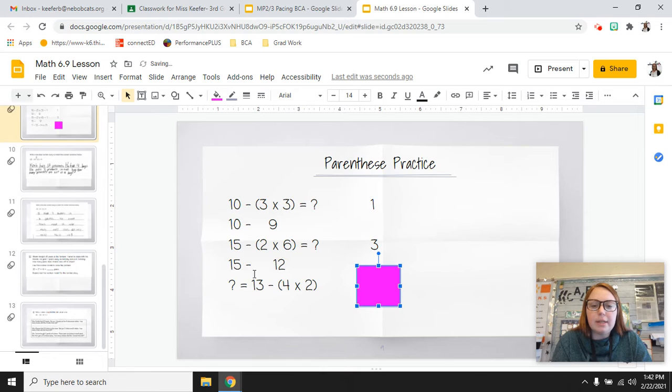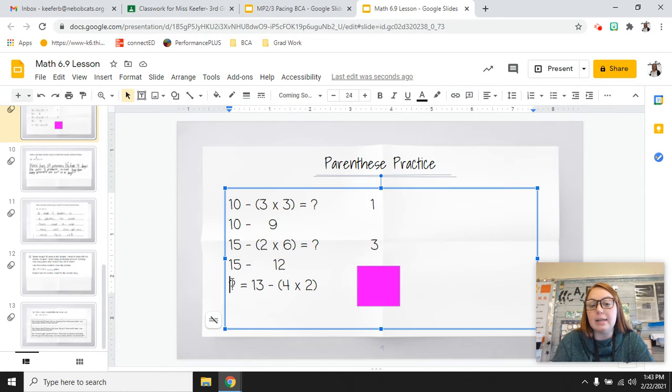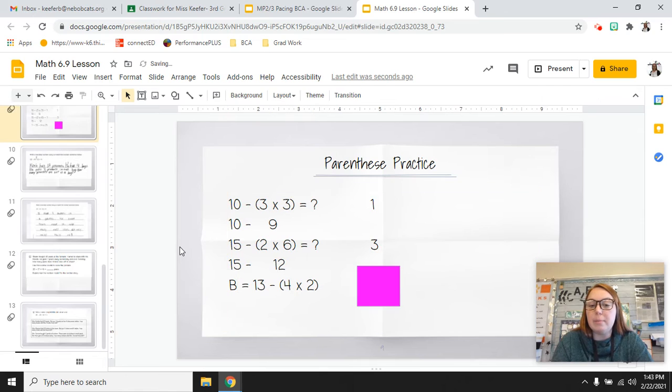Our last one is set up a little bit different. Remember, we can see them like this where the question mark is first. So we have the question mark equals 13 minus 4 times 2. Also with the question mark, remember those could be represented as a letter. Depending on what the number story is, maybe I'm trying to figure out how many baseballs I have total, I could put B, like I'm trying to figure out what B equals.